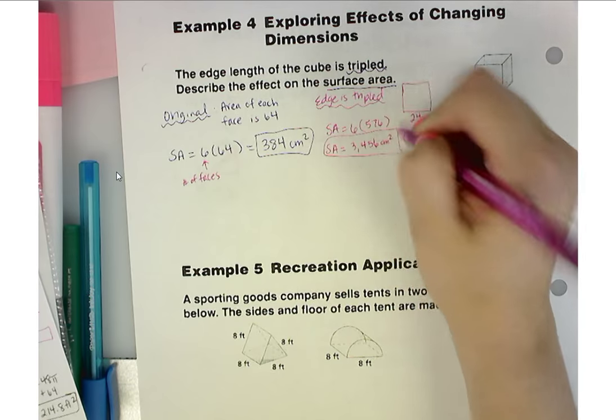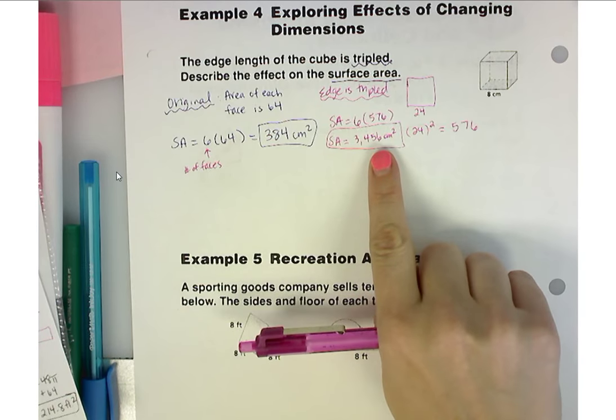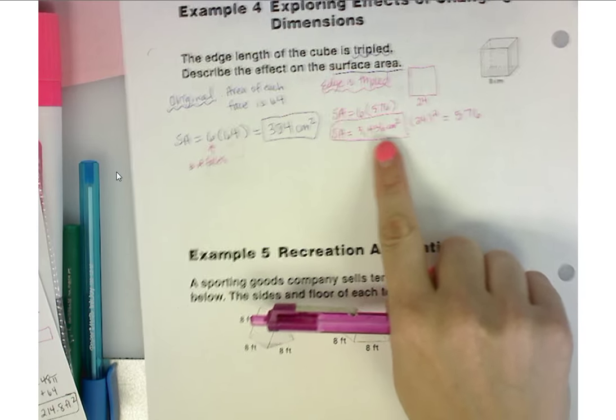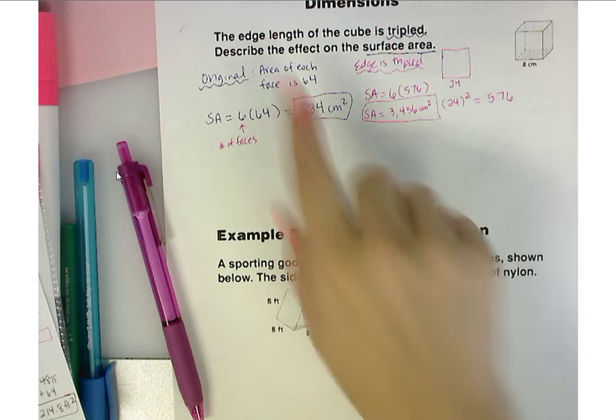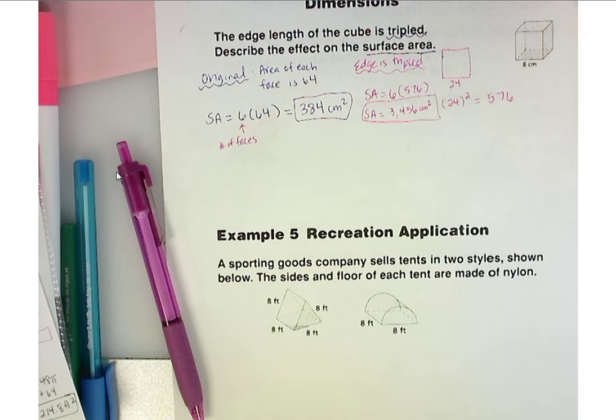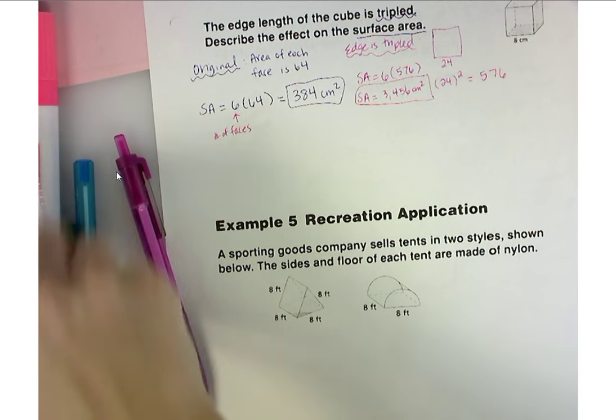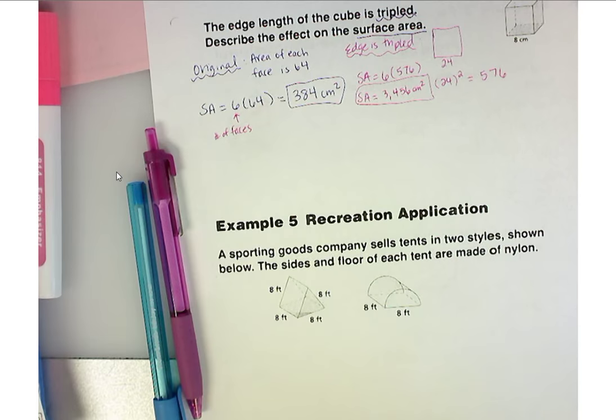Okay, so then the surface area of the new one would be 3,456. If you want to figure out what the effect is on the surface area, Tina, do you know what we're going to do? You're gonna divide. So you're gonna find the ratio.